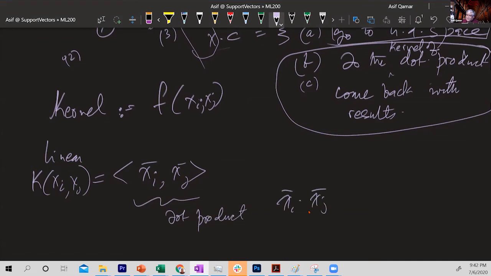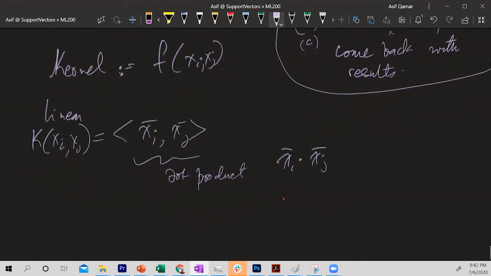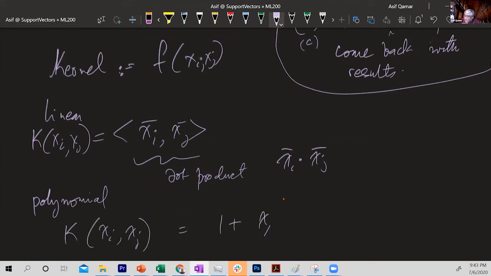Because the dot gets lost in writing, I write it with this angular bracket. Then there is the polynomial kernel. The polynomial kernel K(xi, xj) is quite literally a polynomial of the dot product.